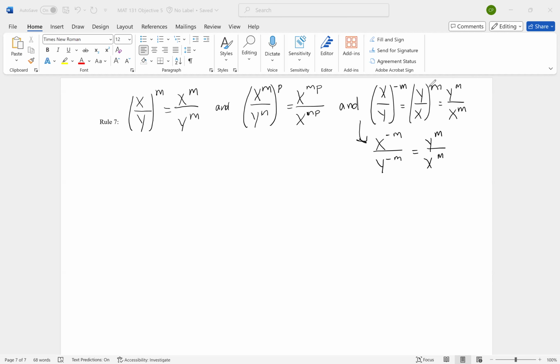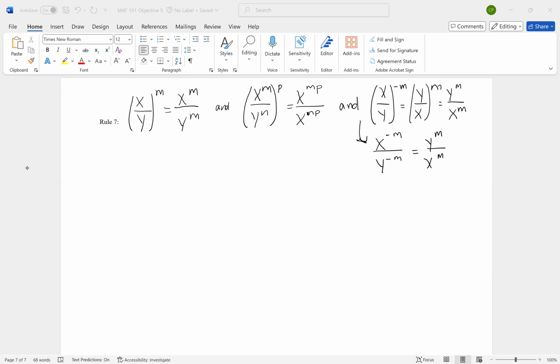Now, last but not least, we have rule number 7. Rule number 7 has a lot of different parts and variations. So, the first and simplest way, let's say we had x over y to the m power, okay?